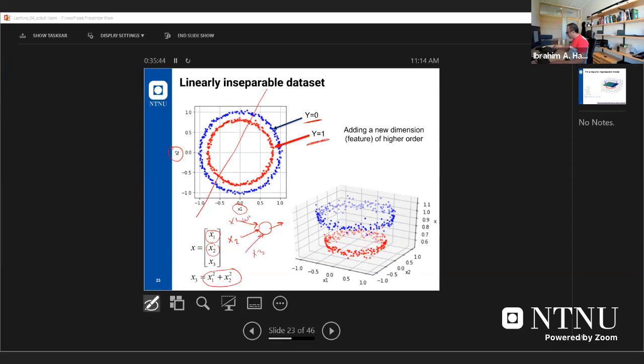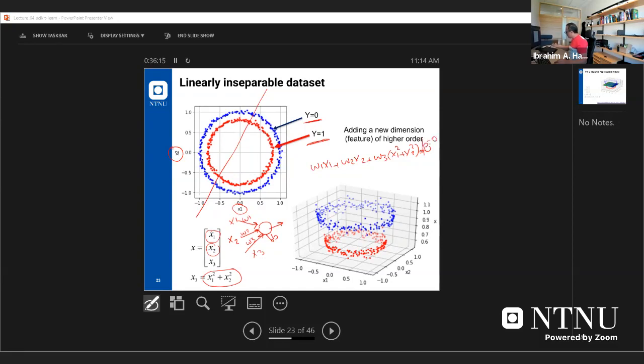We will have here omega 1 x1, omega 2 x2, omega 3 x3, correct? Plus b. So the decision line will be omega 1 x1 plus omega 2 x2 plus omega 3 multiplied by x1 squared plus x2 squared plus b equals 0, right? Sorry, I need to add here b.